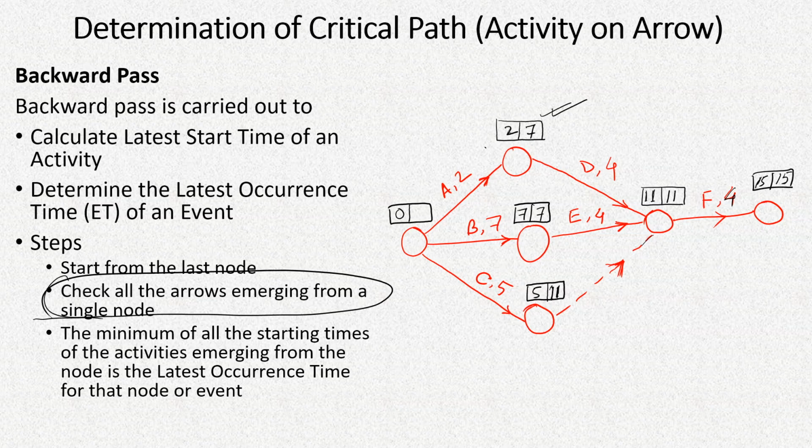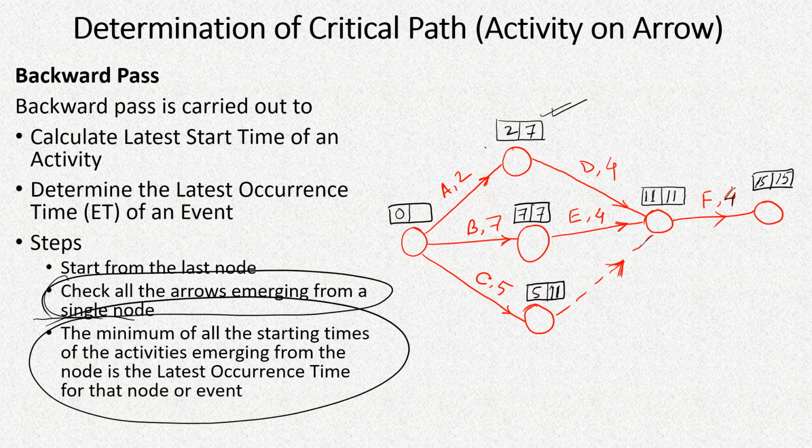Up to these nodes we have completed. Then we'll come to the last node, the first node. Here we'll have to check the minimum of all the starting times of the activities emerging from that node, which is the latest occurrence time for that node or event.